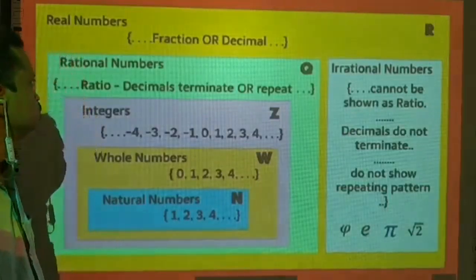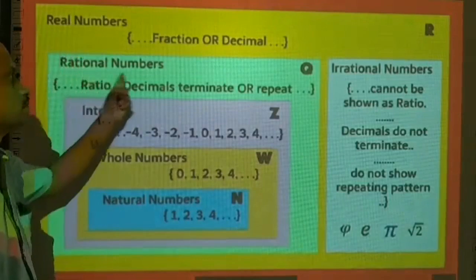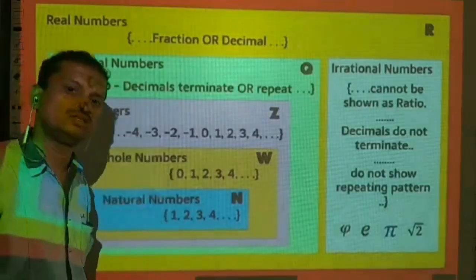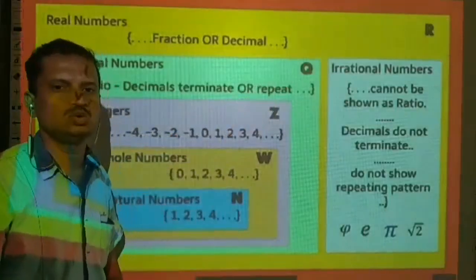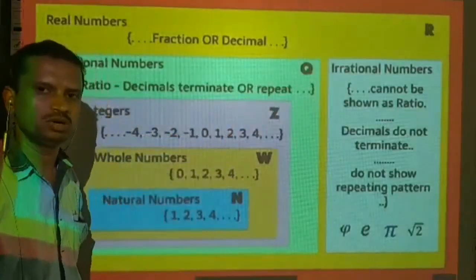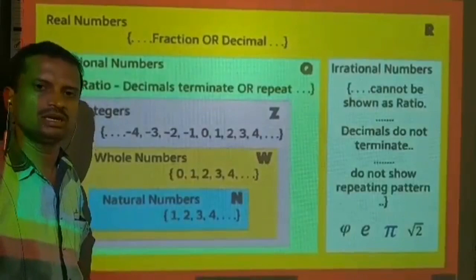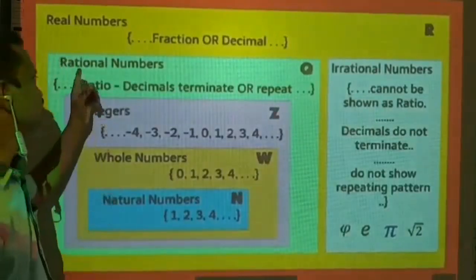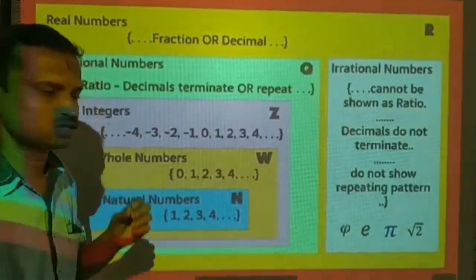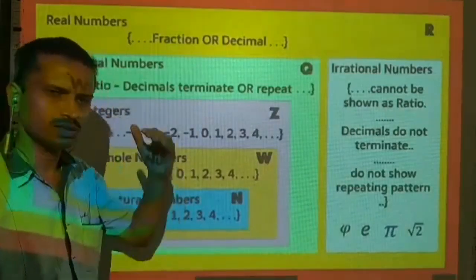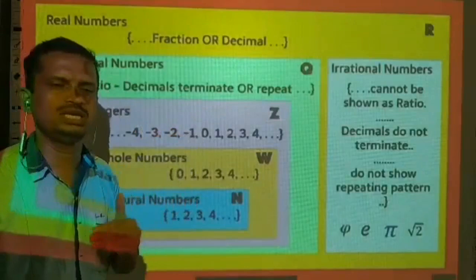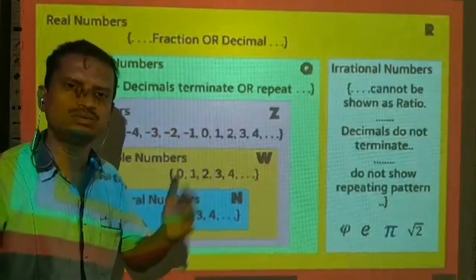And then coming to rational numbers, the first chapter of 8th standard. Letter Q is used to denote rational numbers. The word rational itself comes from the root word ratio. Ratio means 2:3, which we can write as 2/3.